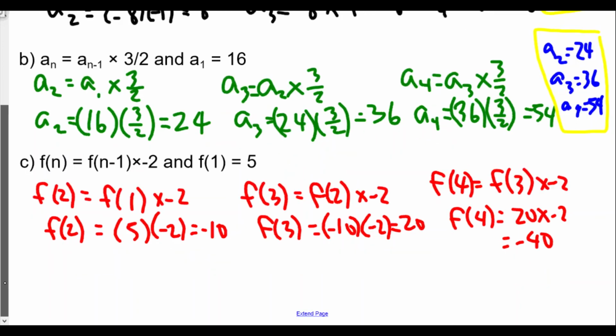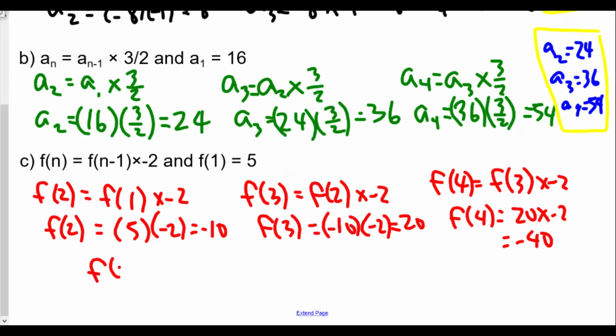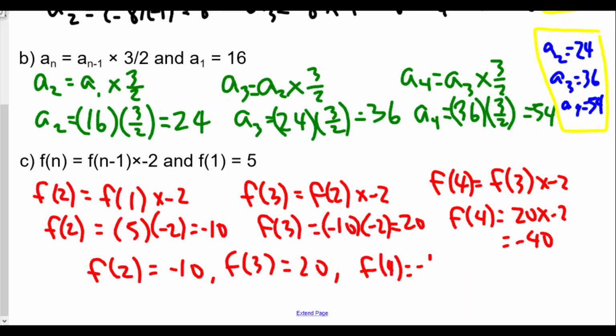So we will see in this case that the second term, f2, equals negative 10, f3, the third term, equals 20, and f4, the fourth term, equals negative 40. And again, this is all because of the fact that our r value is negative 2.